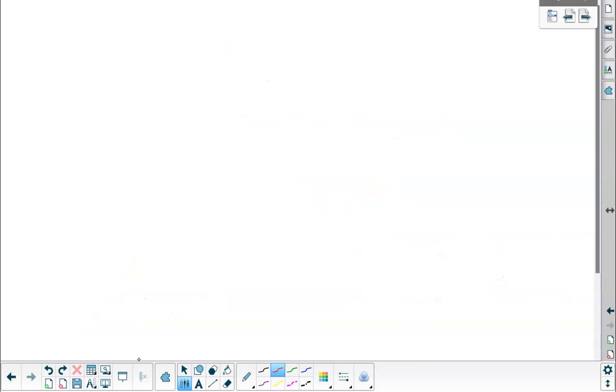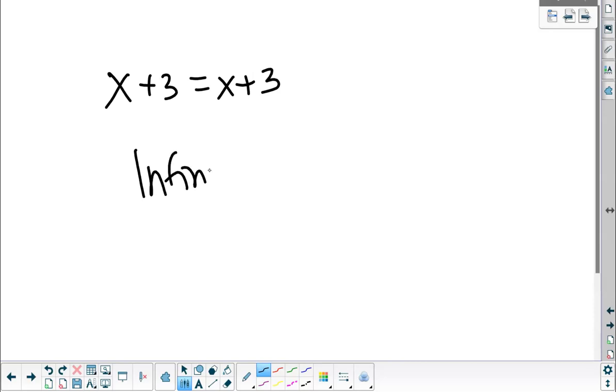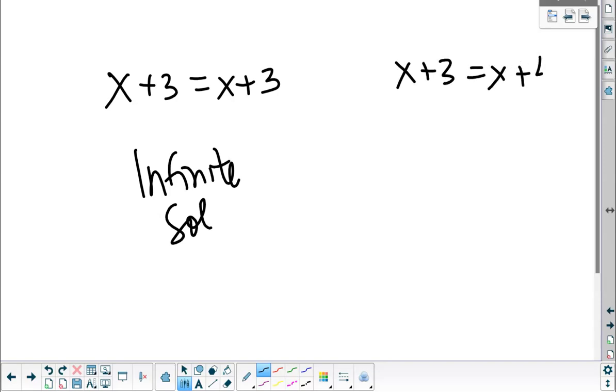All right, so let's go back to that beginning. If I have x plus 3 equals x plus 3, that's infinite solutions. But if I have x plus 3 equals x plus 4, that one was no solutions. So do you see what's similar and what's different?